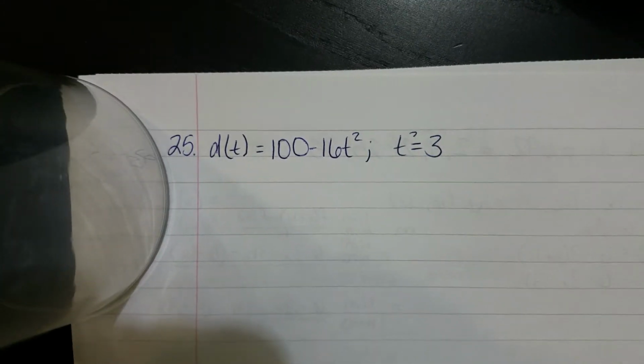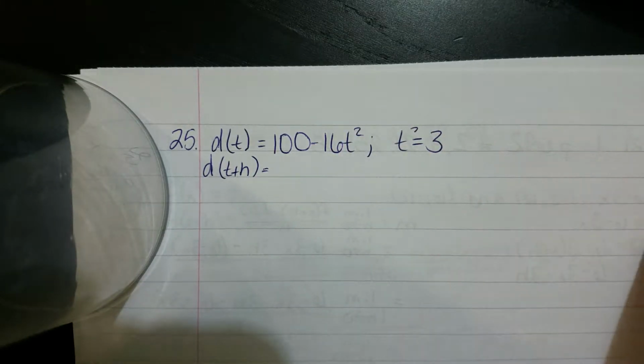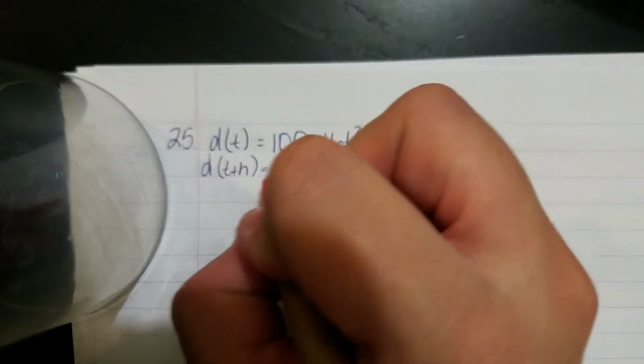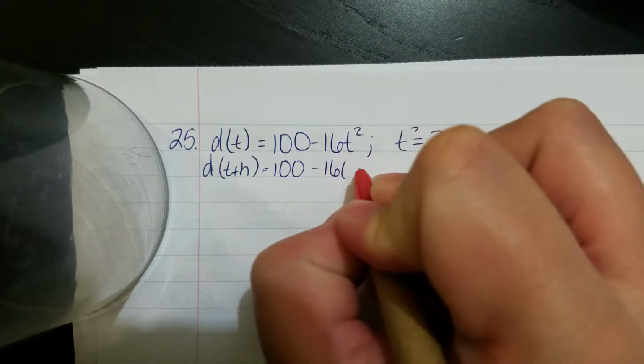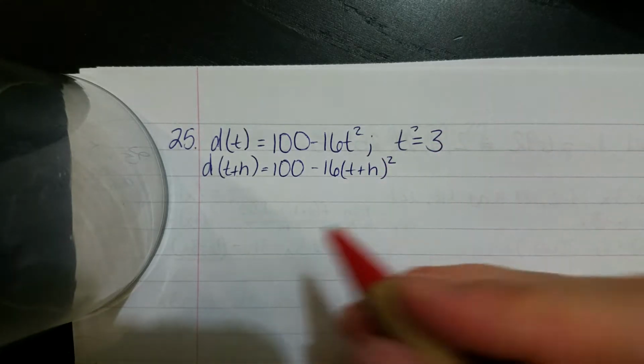So what we're going to do is, obviously we already have d of t. I'm now going to find d of t plus h, because we're going to use the limit as h approaches 0, the same way we have in other questions. All right, so this is 100 minus 16 times t plus h squared.